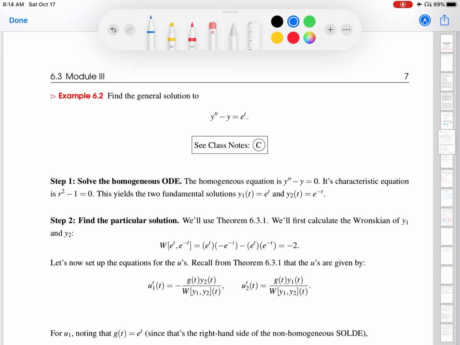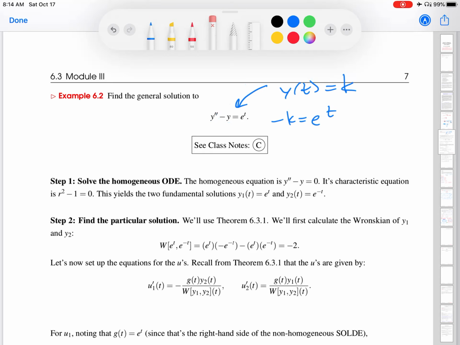If you tried to solve this using method of staring, you would say, well, what if I pick some simple enough functions for y of t? Maybe they solve the ODE. If I pick a constant function, the second derivative is 0, and this would just be minus k equals e to the t. That's not going to work because the exponential is not a constant function.